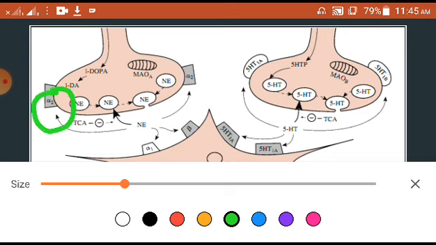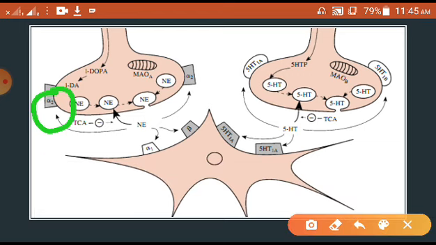You can see the alpha-2. Noradrenaline will be taken back by the autoreceptors here and here back into the nerve terminal, and that reuptake will be blocked by the tricyclic antidepressants here.